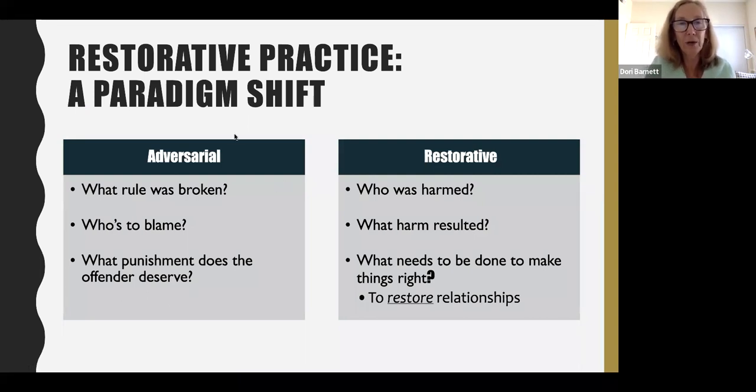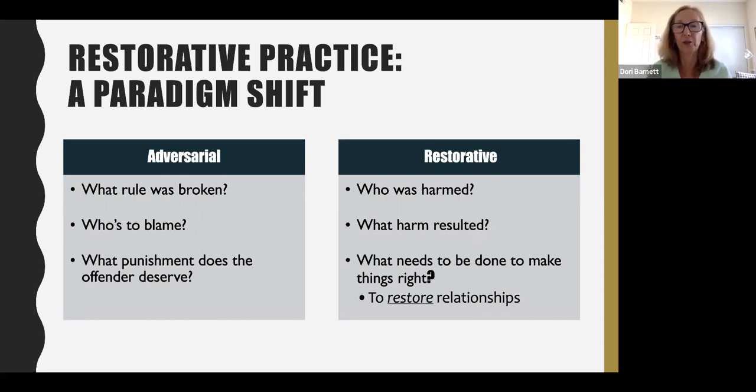So in a typical adversarial approach to discipline or harmful behavior, we might ask, I was a counselor. I dealt with discipline in a high school locally, and we would tend to just take a cookbook hardline approach. So a student came in with a referral, we would say, okay, what rule was broken? Who's to blame? What did you do wrong?